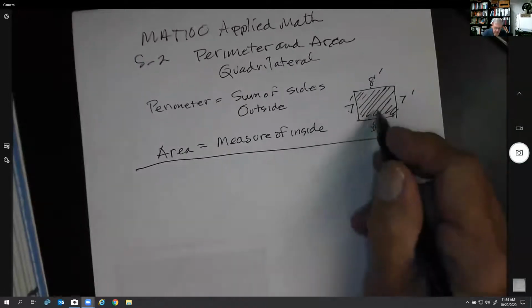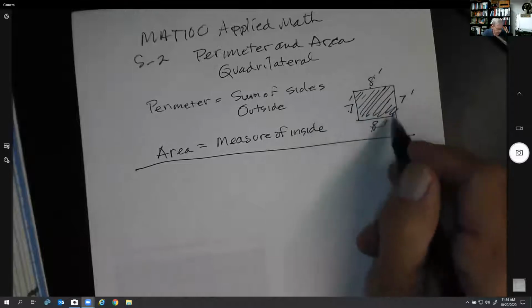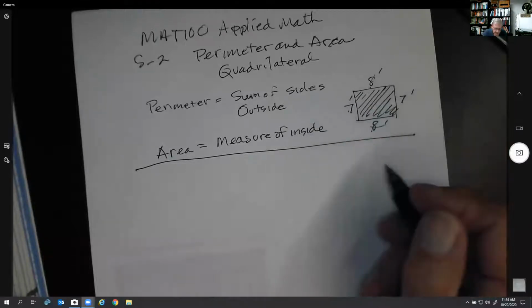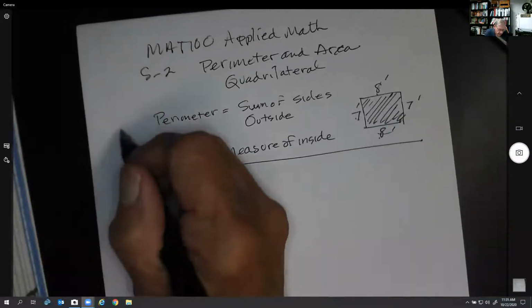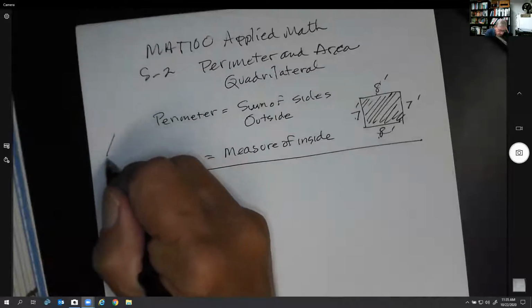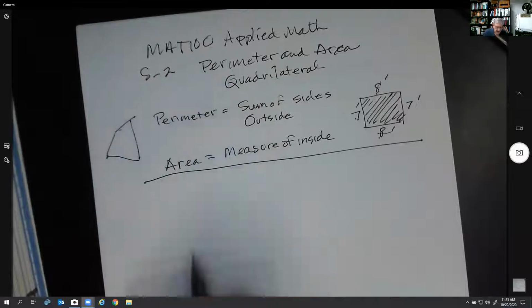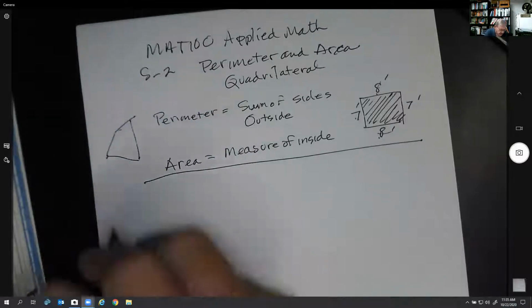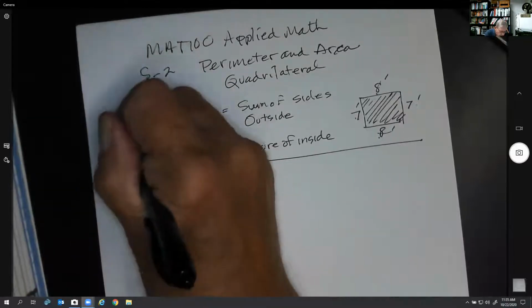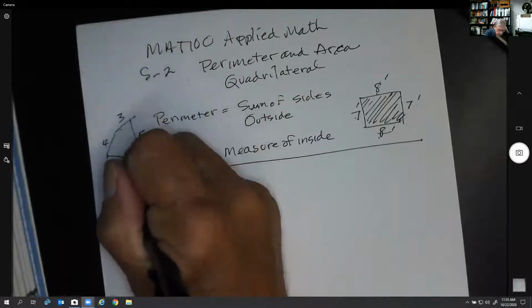So perimeter is basically just adding all the sides together, even if it's kind of a weird looking thing. Let me give you one more. Say we had something like this and like this and like this and like this. It's a four-sided figure, but it's kind of strange. This is 4, 3, 5, maybe 6.